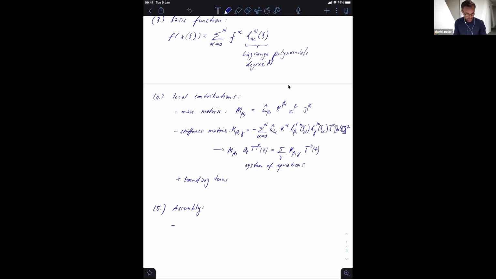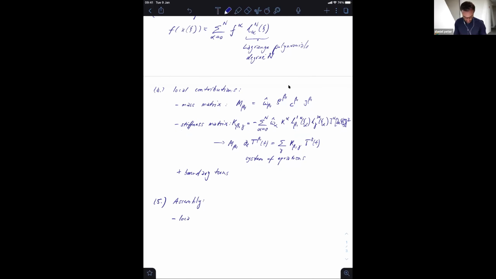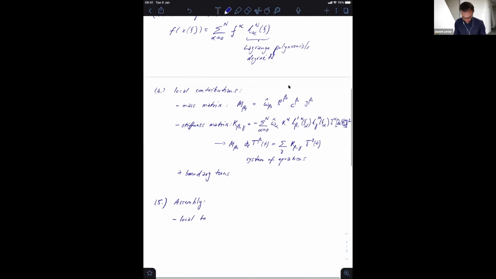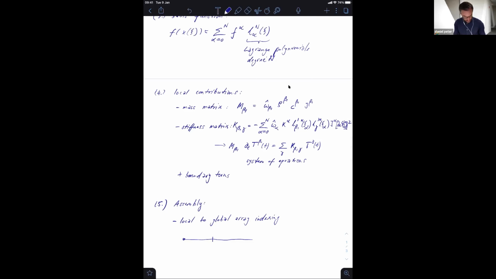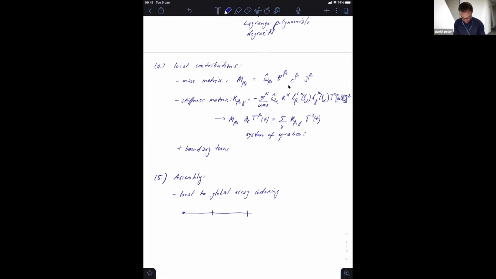And for that we use this indexing from local to global array indexes. So think of having some elements, and then our GLL points. Let's say for degree 4 basis functions.